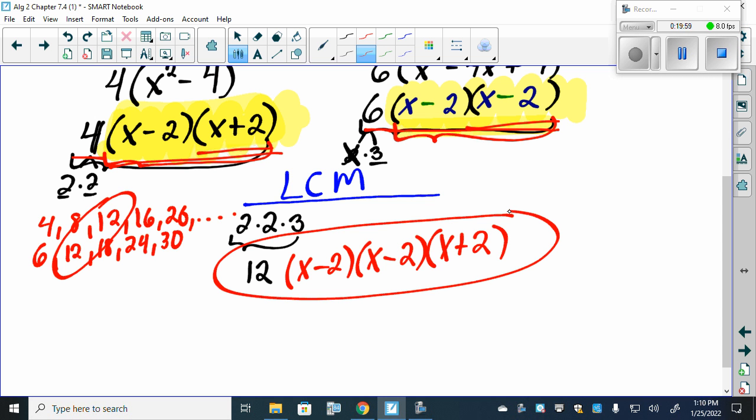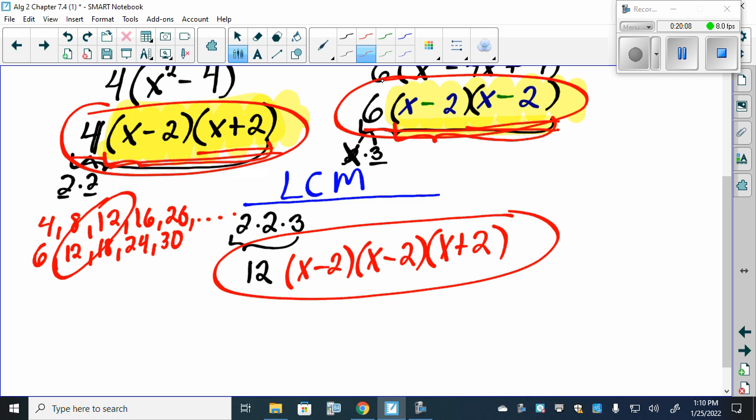So if we were adding two rational expressions that had these as the denominators, what we would need to get the denominators to is 12 times x minus 2 times x minus 2 times x plus 2 for us to be able to add them together. And that's what this least common multiple is. We're trying to figure out what is the smallest thing we can get the 2 to be so that we could add the numerators together.